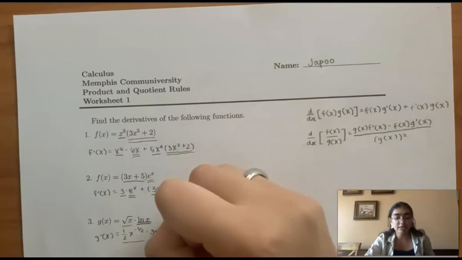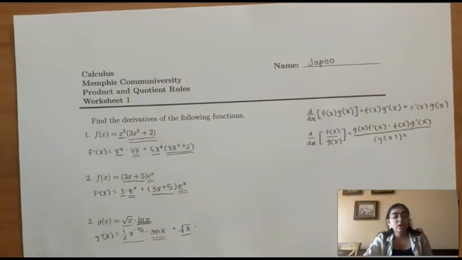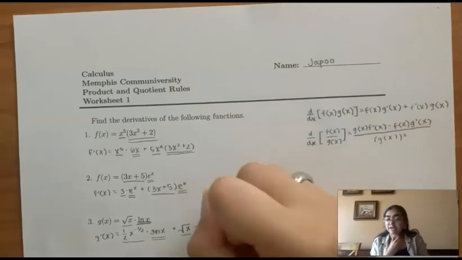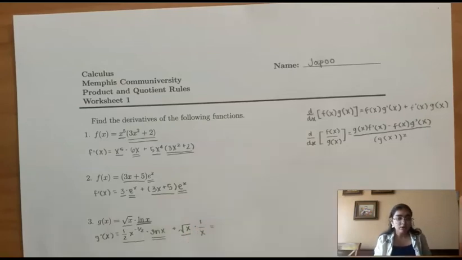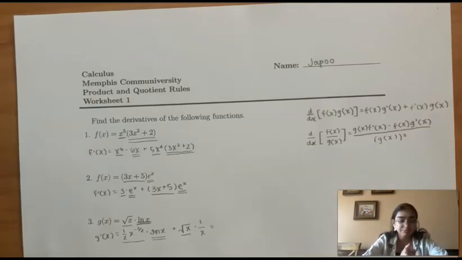And the derivative of ln of x is 1 over x. Now, for most of these problems, I didn't simplify. However, in this one, I decided to. Whether you have to simplify or not just depends on the rules of whatever test or assignment that you're doing.